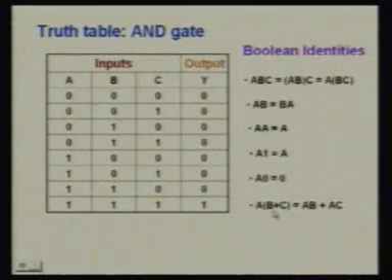It follows that A into (B plus C) is equal to A into B plus A into C. We can verify all these Boolean identities, and also those we discussed for the OR gate, by putting them on a truth table, taking different values of A, B, C. We can find out first AB and then multiply it by C. In this way we can verify all these Boolean identities just by going to the truth table. So this is all about the AND gate.